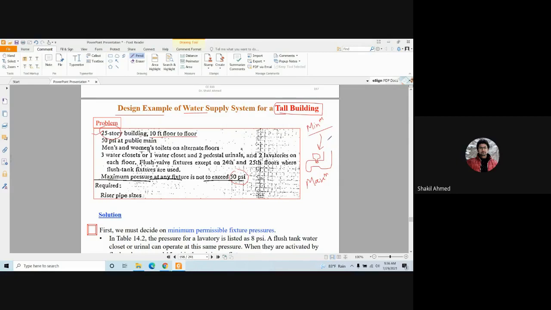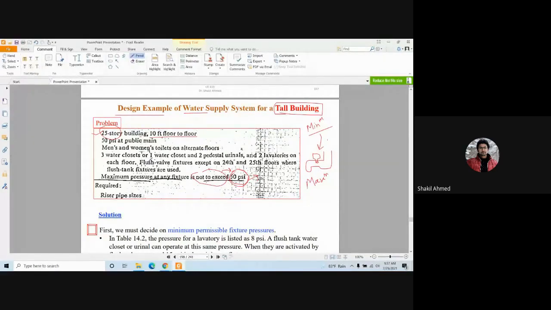So if you increase the force to extreme level, then the fixture might break down. Of course, it has a limit to withstand pressure or force. If you exceed that limit, then this fixture will break down. So there is a maximum pressure limit, and that is here in this case 50 psi. Okay, so not to exceed 50 psi.